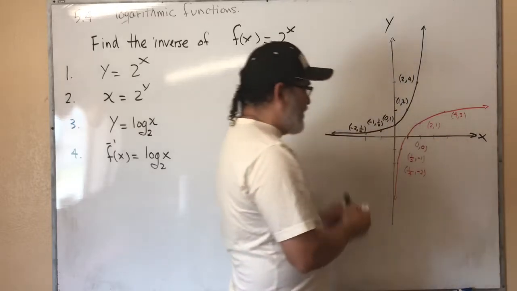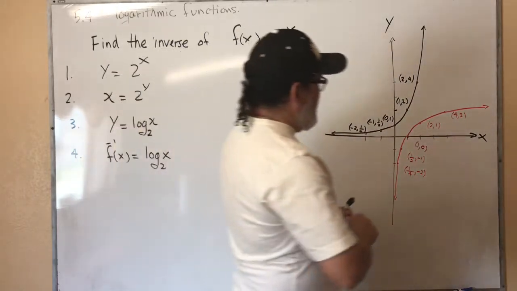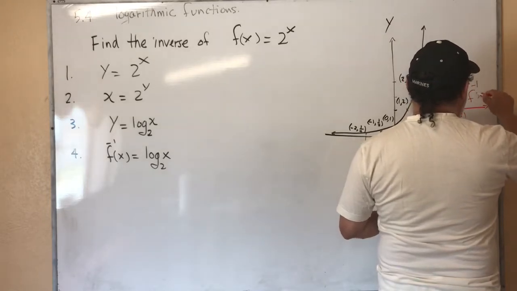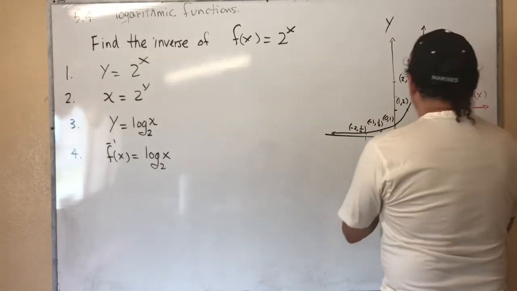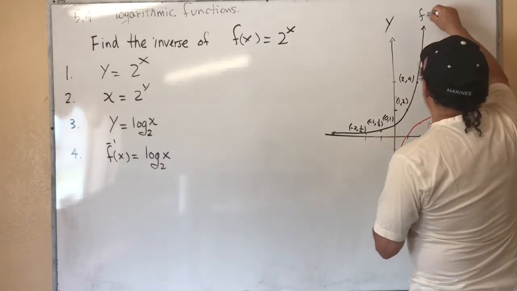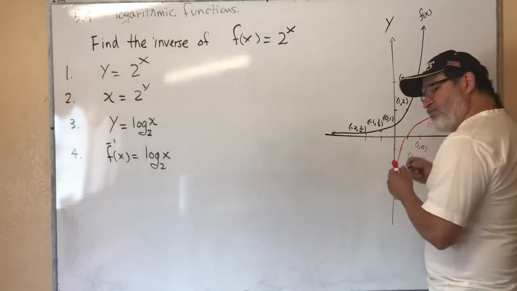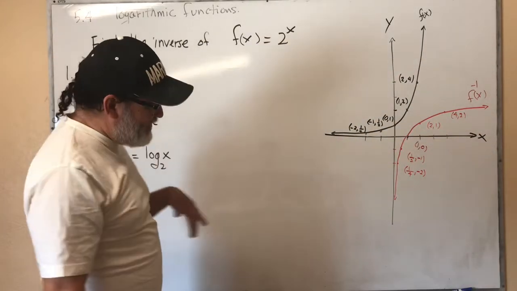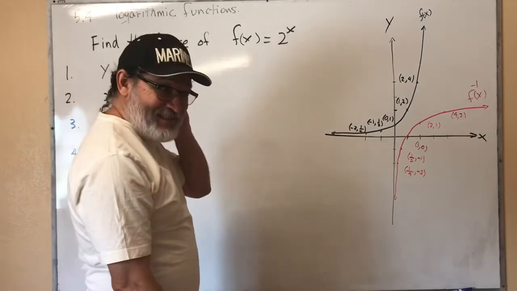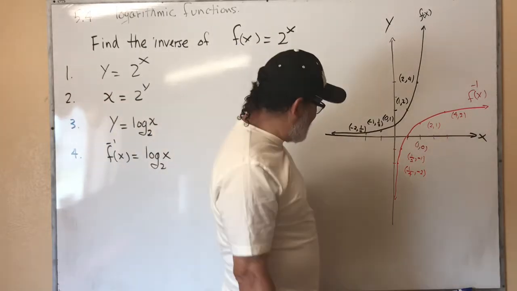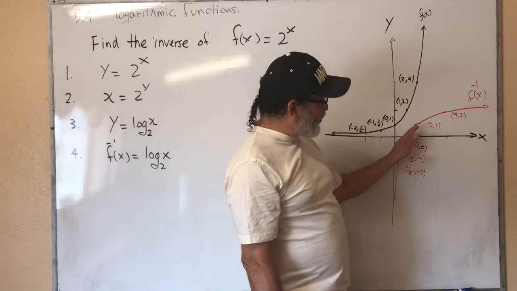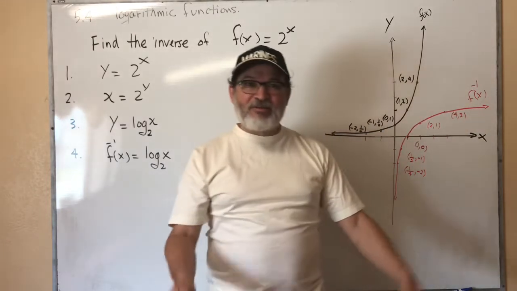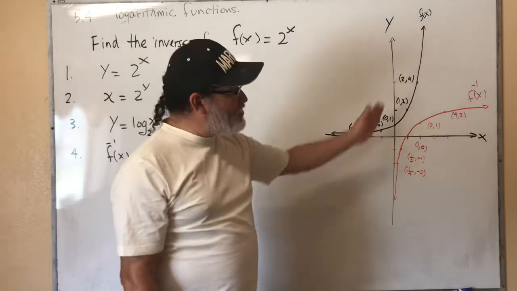That's the inverse. This is f inverse of x, and this is f of x. By the way, class, if you concentrate, you see this graph? F inverse is a function.